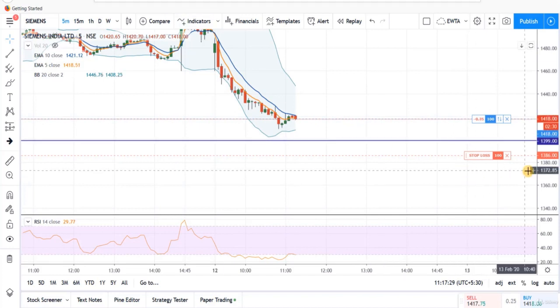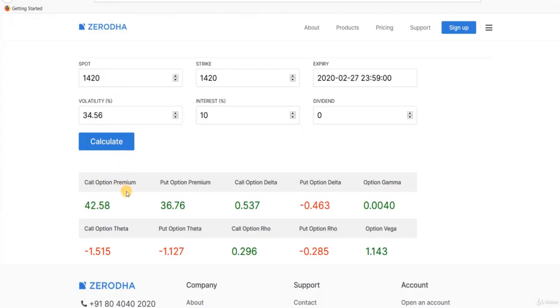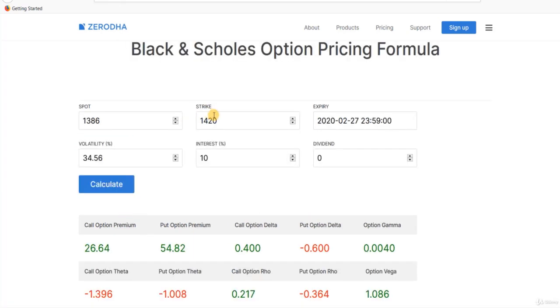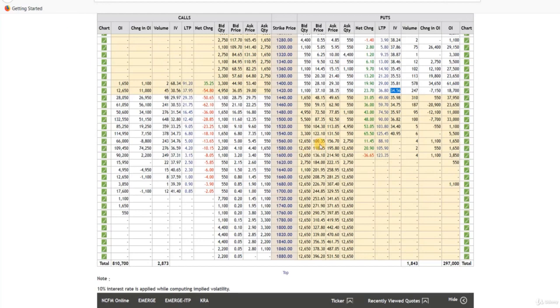For this, we will simply change the spot price to 1386 in this calculator, and we are selling the put option of 1420. So we will fill 1400 as our strike price, and the IV for 1400 put strike is 35.81.